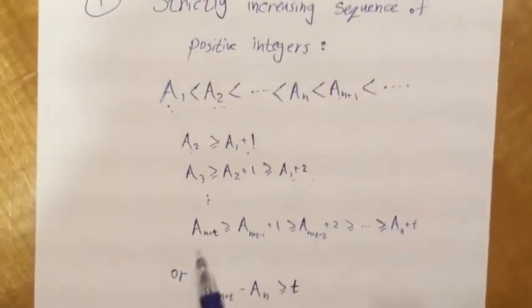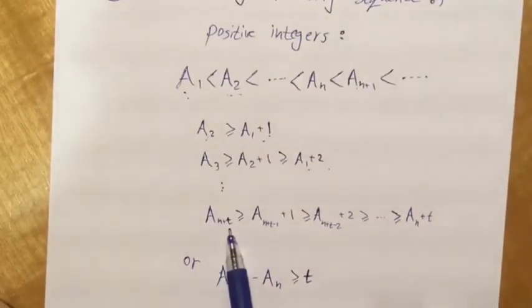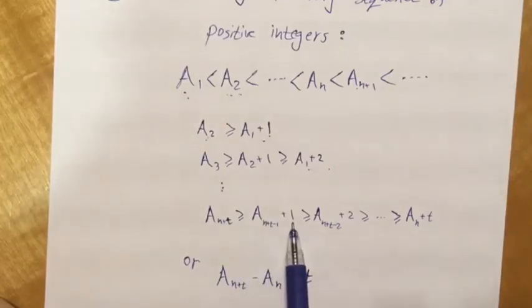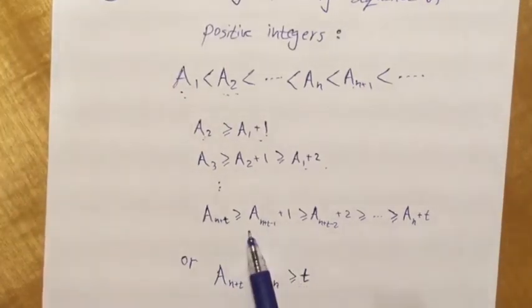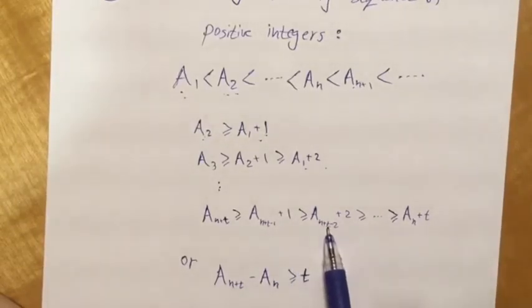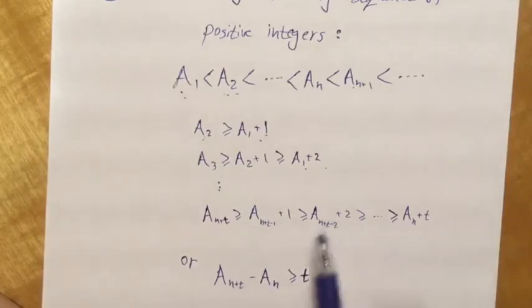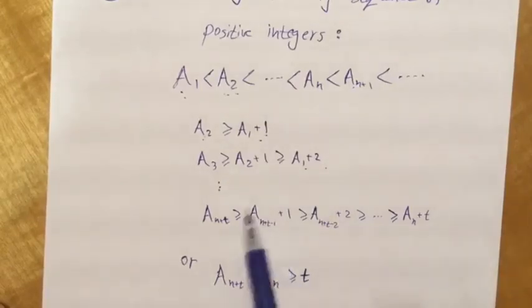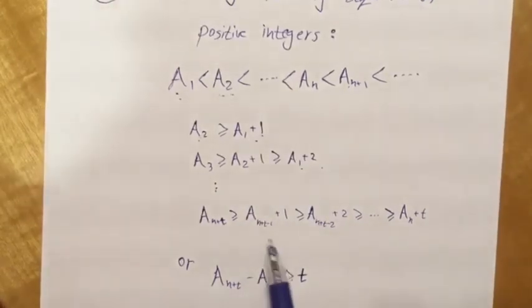So in general, An+t is at least An+t-1 plus 1, and that is at least An+t-2 plus 2. Basically, each time you go down in the sequence, the value is going down by at least 1.